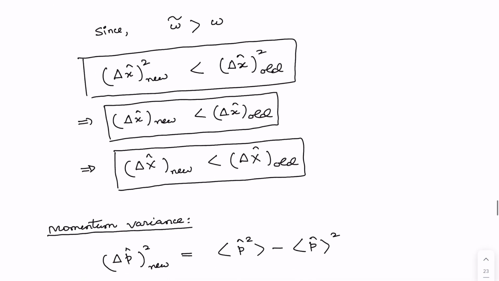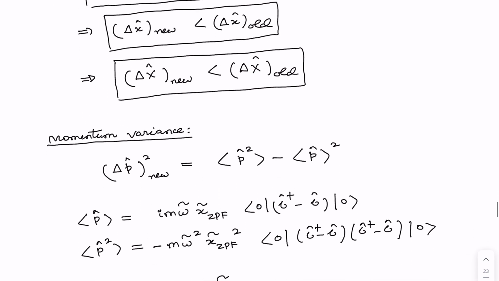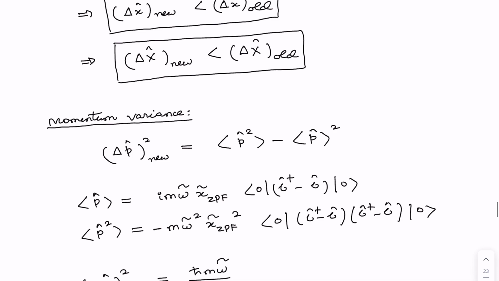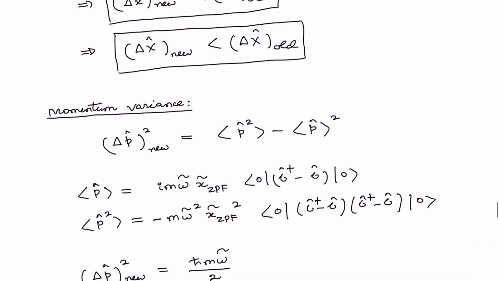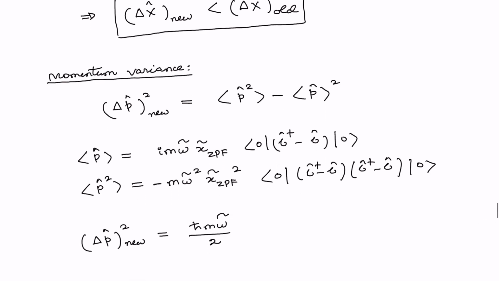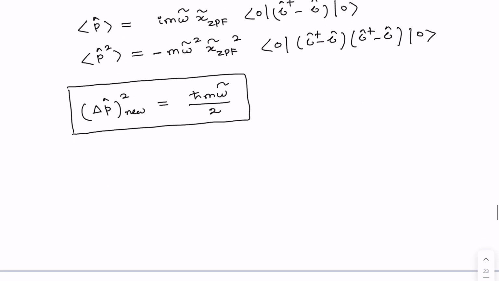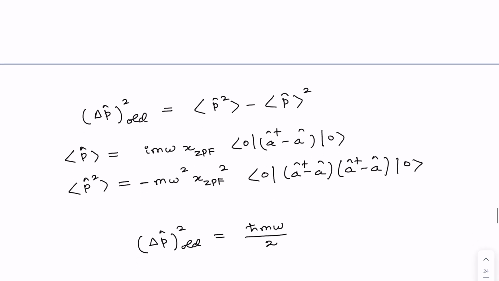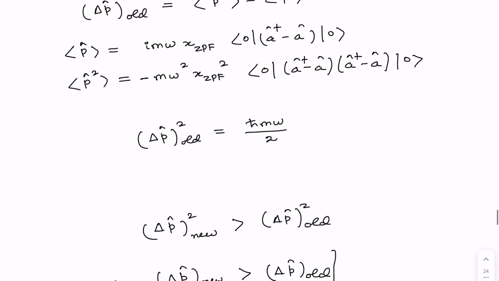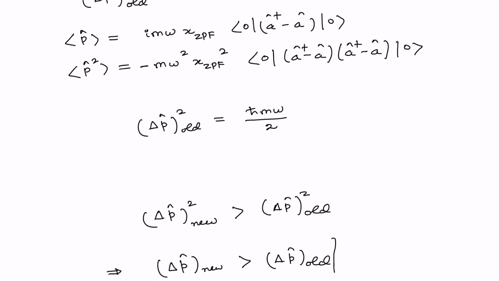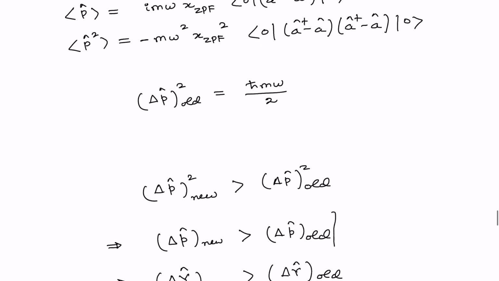In fact, you can calculate the momentum variance also, and if you do the calculation, you will find that the momentum variance for the new harmonic oscillator is given by this expression, which is equal to h cross m omega tilde by 2. If you compare that with the old harmonic oscillator, you can see that the old harmonic oscillator has a variance which is less than that of the new one.